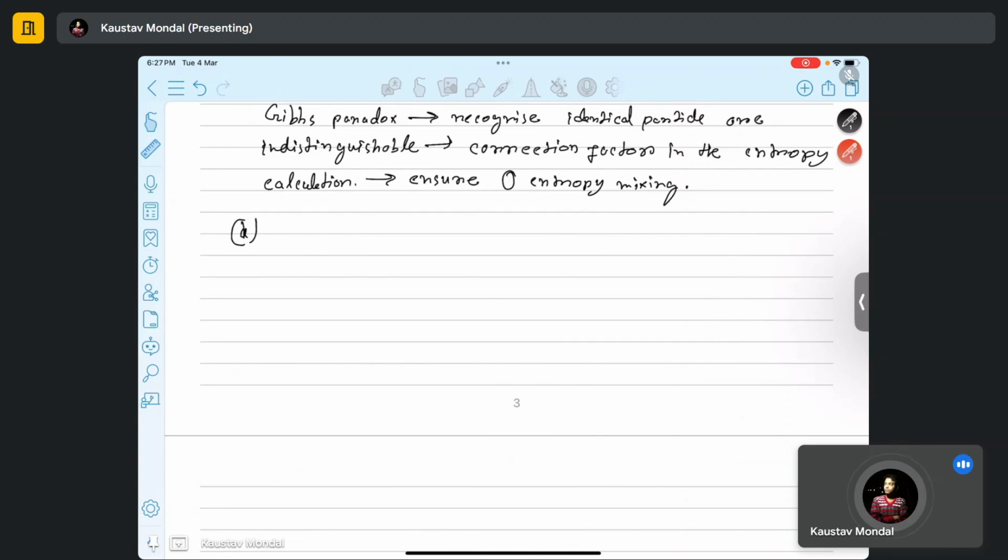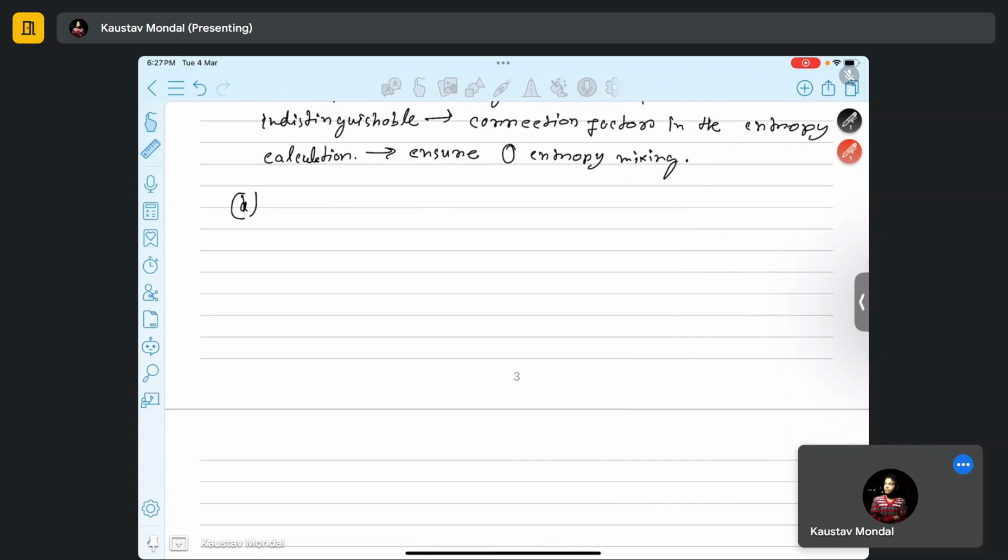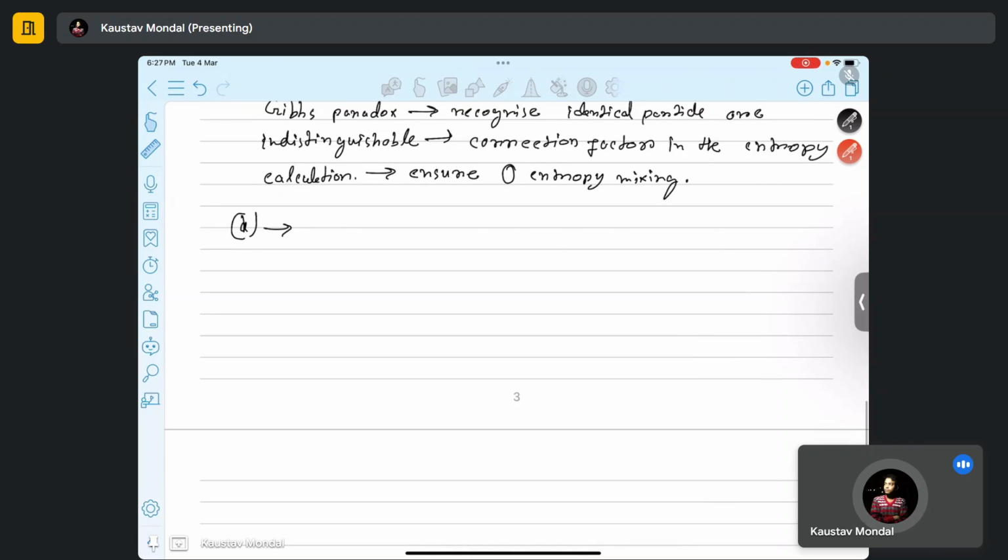Okay, so the correct reason will be option D. The reason is, we already know, this basically holds the additive property of the entropy.